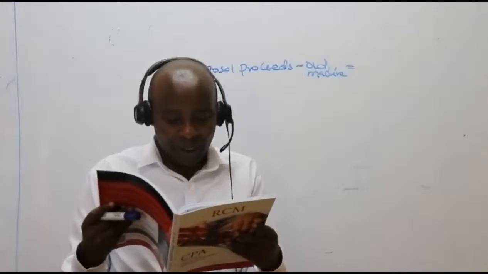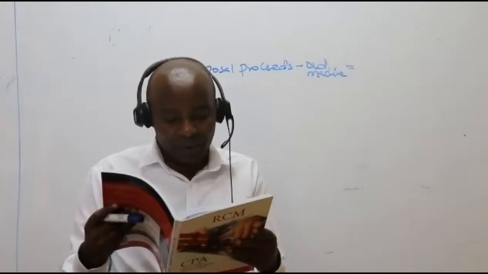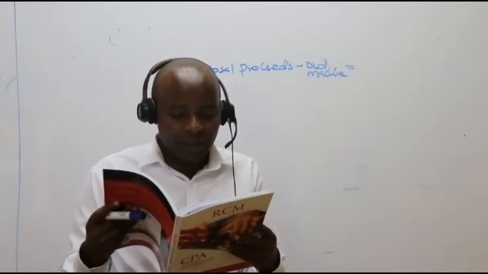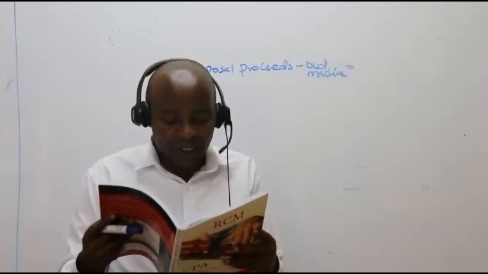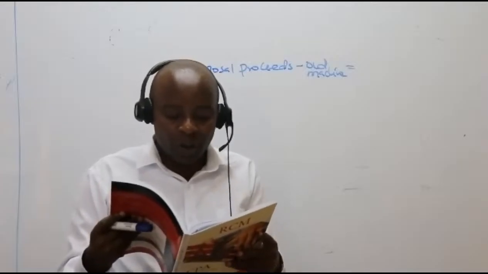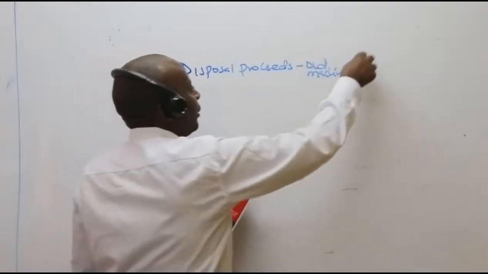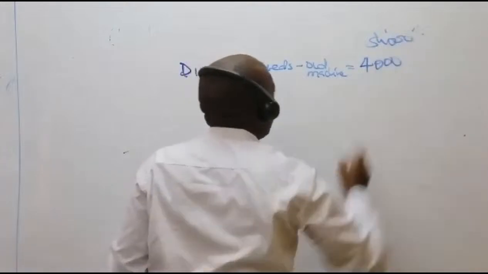The existing machine was estimated to have a useful life of 5 years with no salvage value. However, a critical analysis of the machine now shows that the machine is usable for the next 5 years with a salvage value of 1.5 million. The existing machine can be disposed of today for 4 million. So 4 million. Let me put my figures in thousands like that.